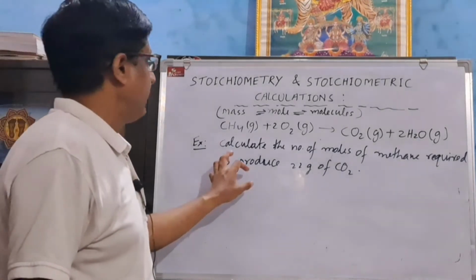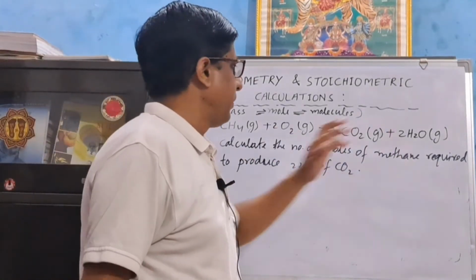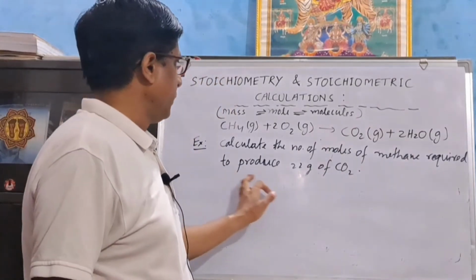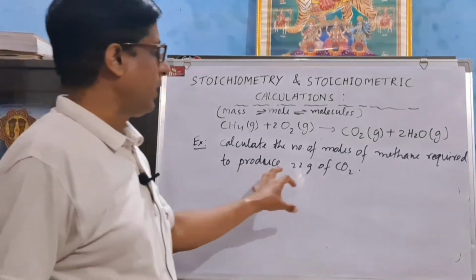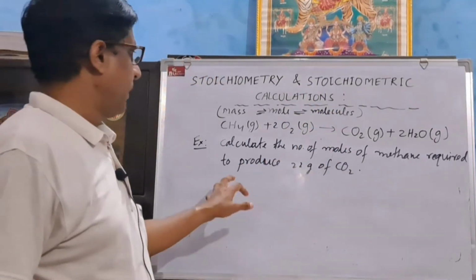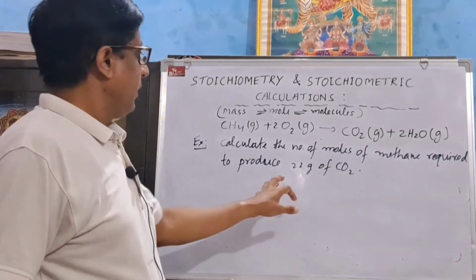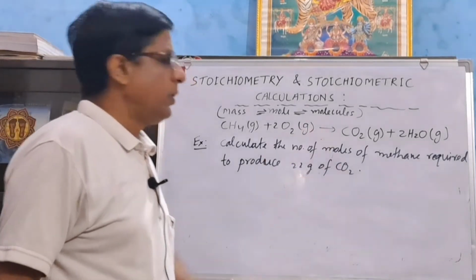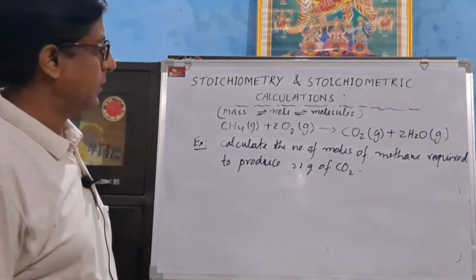The problem is to calculate the number of moles of methane required to produce 22 grams of carbon dioxide. We have to calculate the amount of methane in terms of moles, but the amount of carbon dioxide has been given in terms of grams.